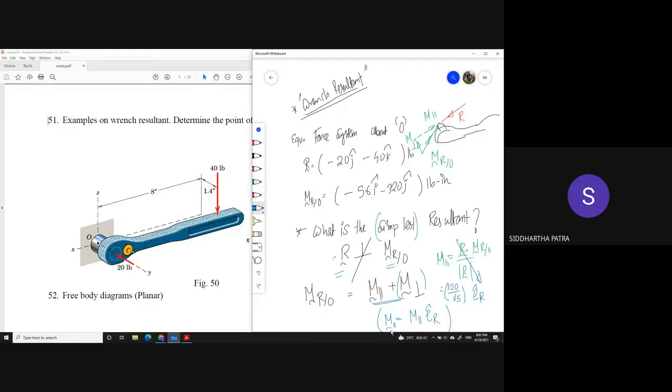I mean, I can represent M parallel as M parallel magnitude times ER, right? Sir, we can just find out the unit vector in the direction of R, and we can find out the M parallel vector and subtract it from M. Yes, that's what I'm saying. The unit vector we already found out. We don't have to find it out again, because we did this to get the dot product with MRO.